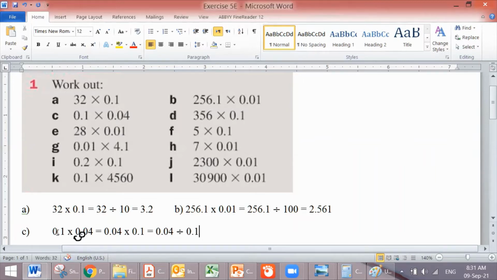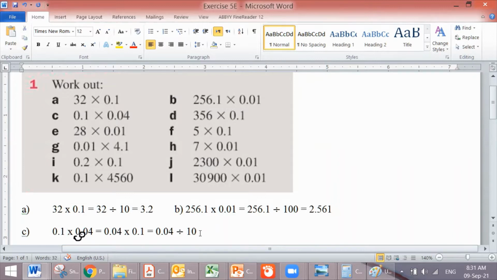Do not write 0.1 divided by 0.04, that will be wrong, because multiplying by 0.1 is the same as dividing by 10. If you are writing the complete process, do not write it like this. You have to change this order. The 0.1 you will write after that value.